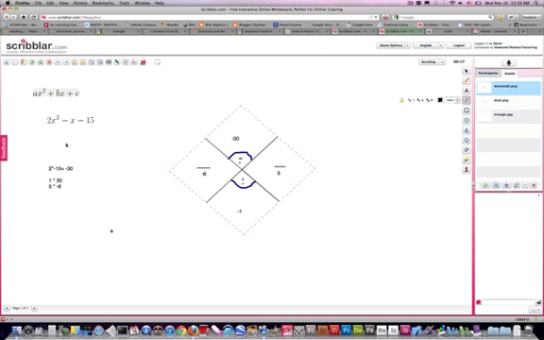For me, I like to put the product in here, so 2x times x would give us 2x squared. So I would put 2x and x. But some students have difficulty with that.